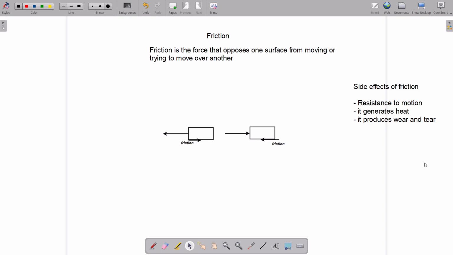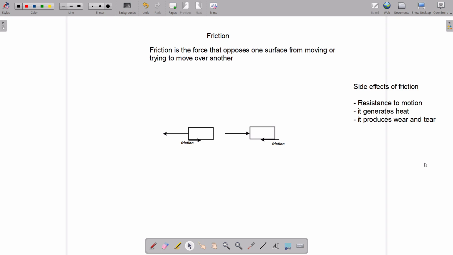We buy new shoes, we walk in them, but with time you realize that the soles of the shoes don't remain the same because of the friction that exists between the soles and the ground on which we walk. That is the wear and tear that friction produces.